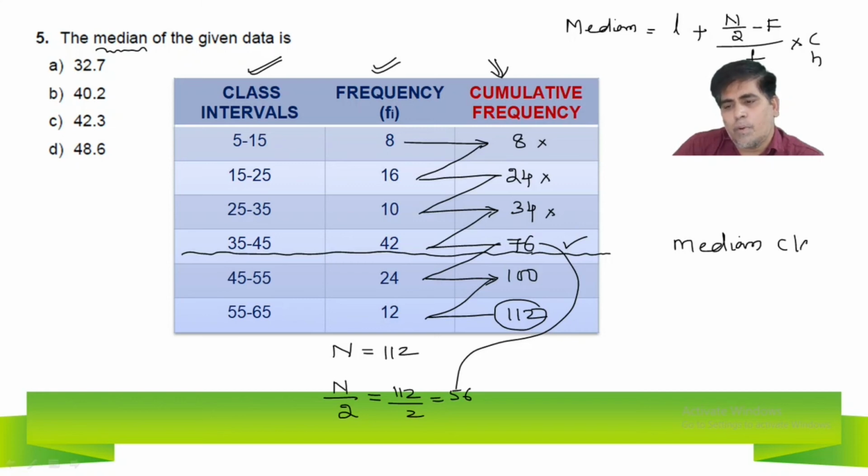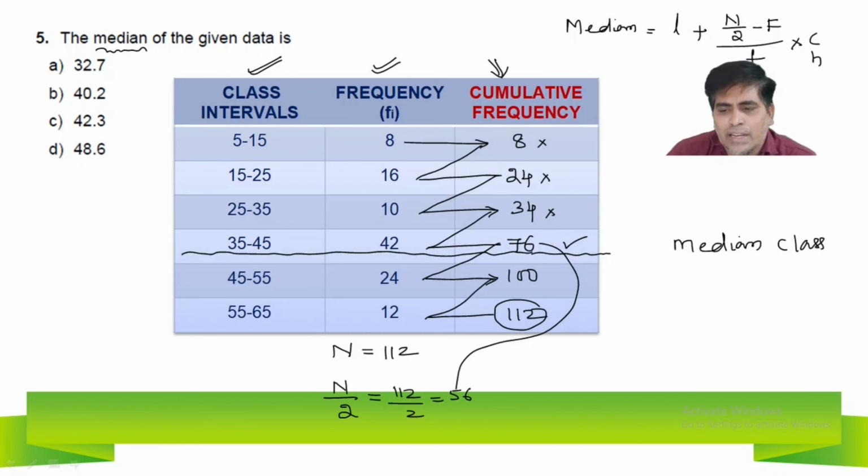It's a very, very important task to find the median class. Simple: in cumulative frequency, compare with the n by 2 value, and see which class it crosses first. So 76 is crossing the 56 first. That's why we have identified that as the median class.